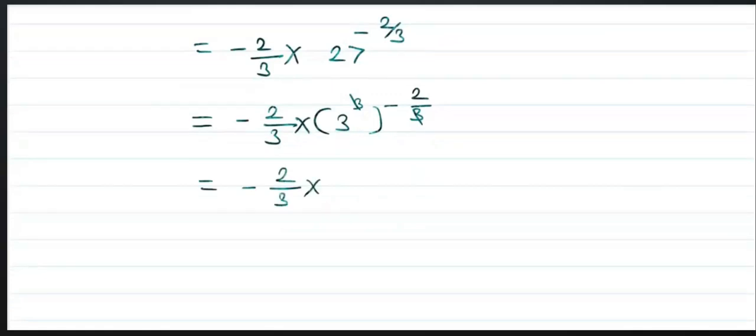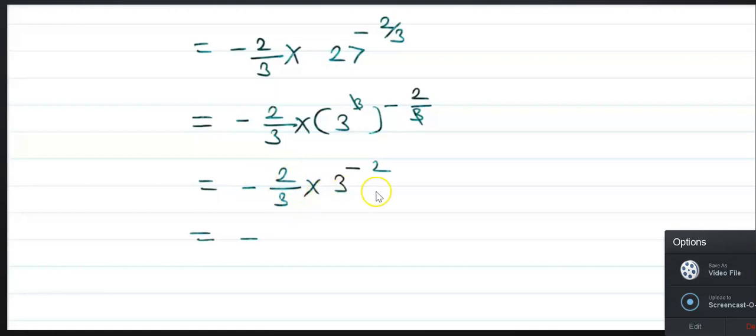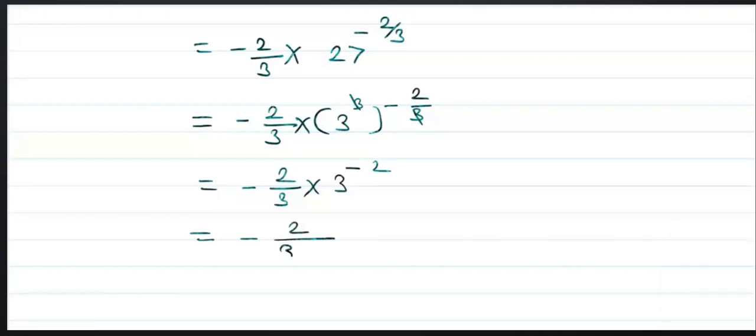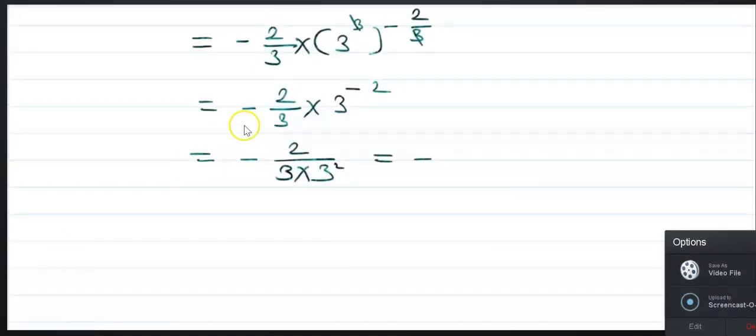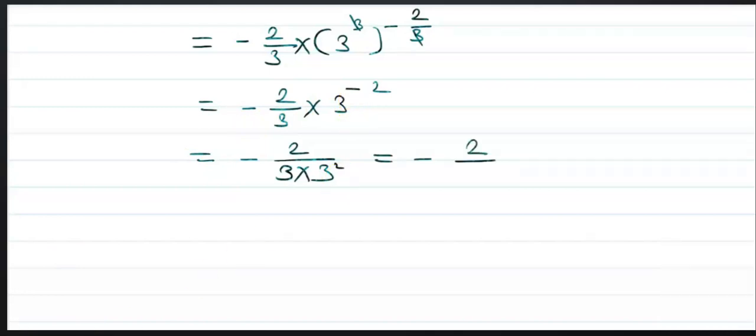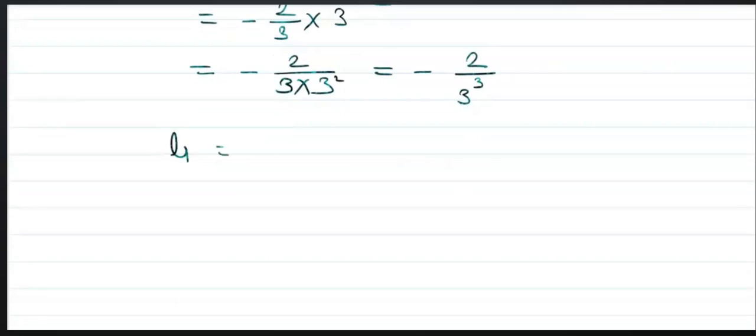The 3 gets cancelled. We get minus 2 upon 3 into 3 raised to minus 3. Again it is simplified: the minus power will become plus, that is minus 2 upon 3 raised to 3.